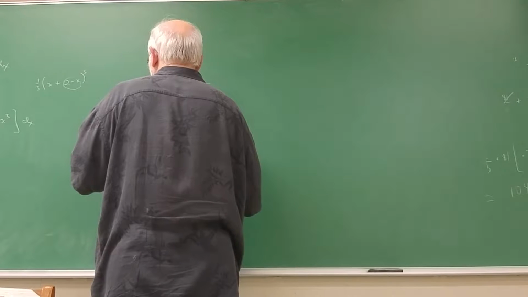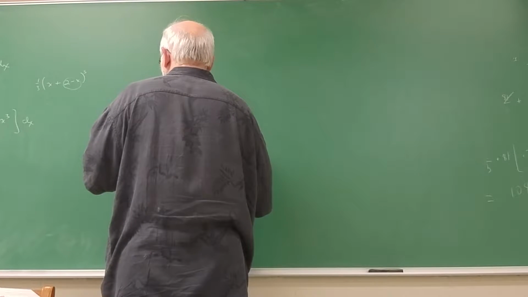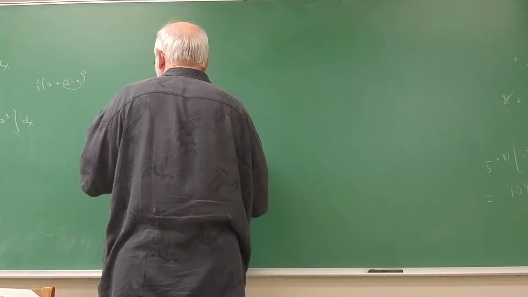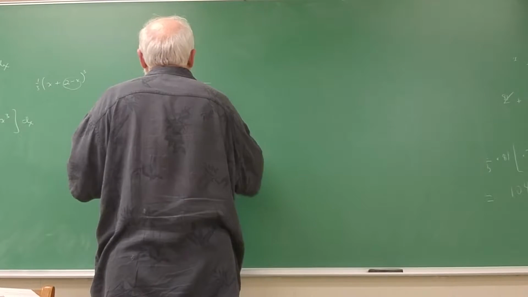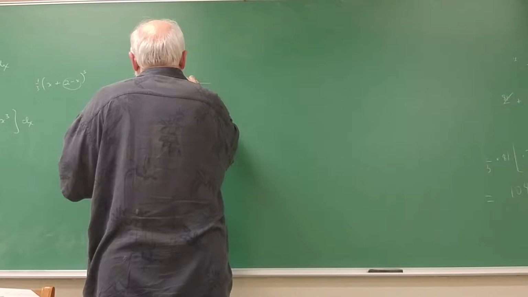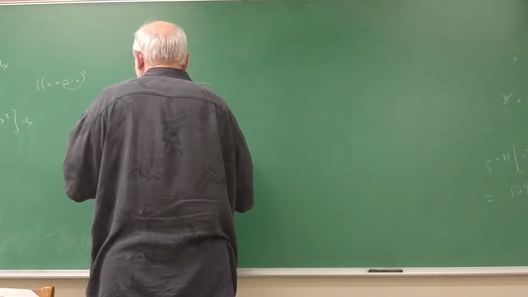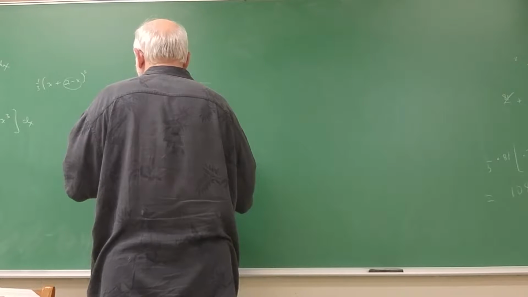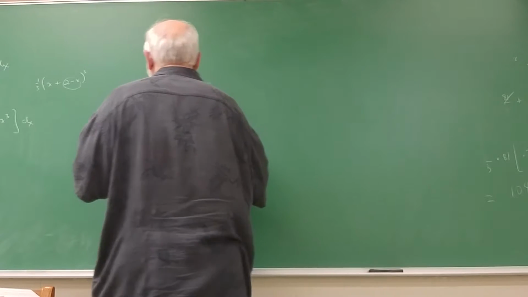And the plane x equals 2y. So if x equals 2y, that comes out like this. And the cylinder, y squared plus z squared equals 9.